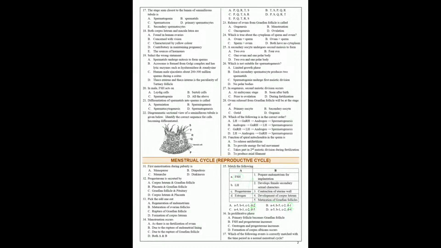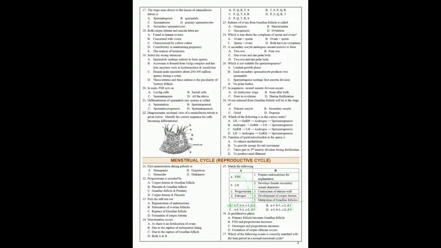D2, yes, estrogen develops female secondary sexual characters, so D2 will be correct. B4 and A5. B4 means LH, development of corpus luteum, and FSH, maturation of Graafian follicles. FSH means follicle stimulating hormone, so maturation of Graafian follicles is correct. So A is 5, C is 1, and A will be the correct answer here.